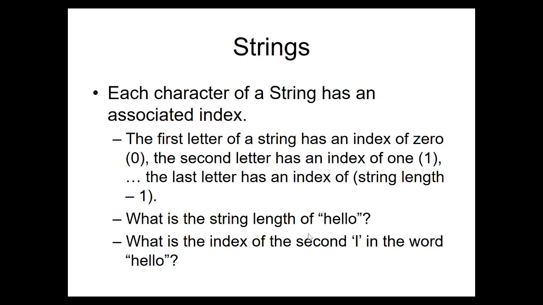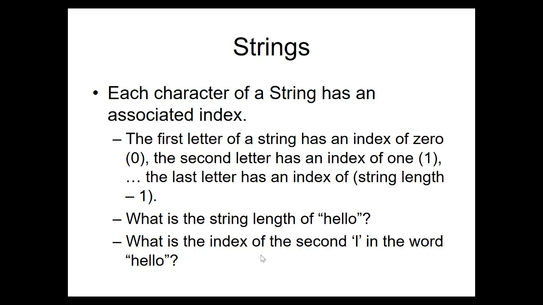So of course that means that the last character of a string would be found at the index which is the length of the string minus 1, because since we started counting at 0, the last letter would be 1 less than the length. So what is the length of the string hello? Well, it's 1, 2, 3, 4, 5 characters long.